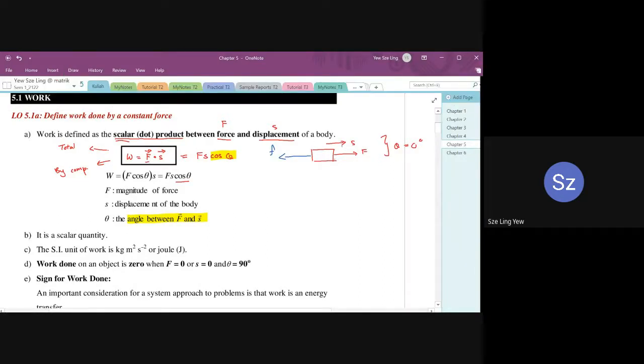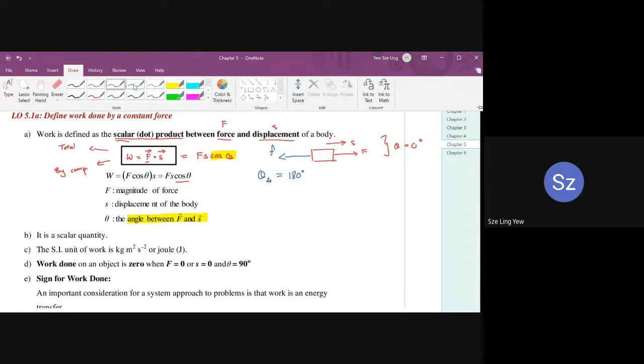Now let's go back to this diagram. What is the angle between the frictional force and the displacement? Displacement is going to the right. Frictional force is going to the left. Therefore, the angle between frictional force and displacement is 180 degrees. It is very important to write it as 180 but not 0.